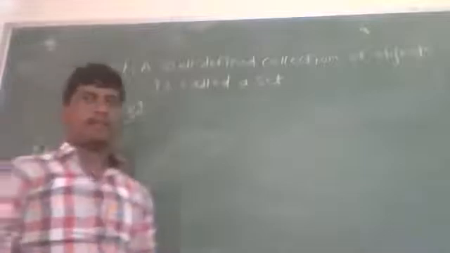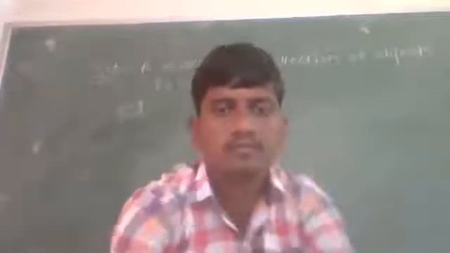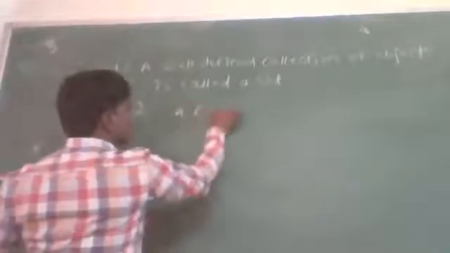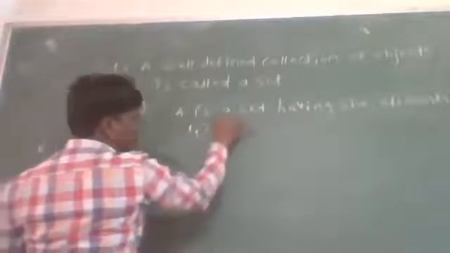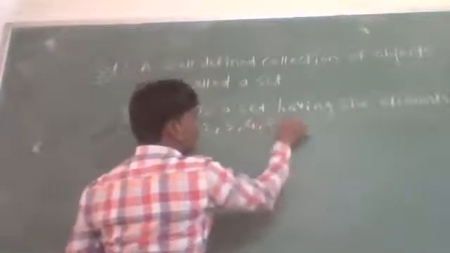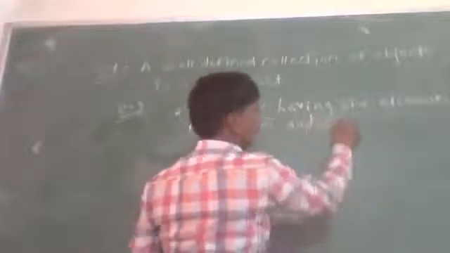Now, a set can be represented in many ways. Suppose A is a set which contains 6 elements, that is 1, 2, 3, 4, 5, and 6.